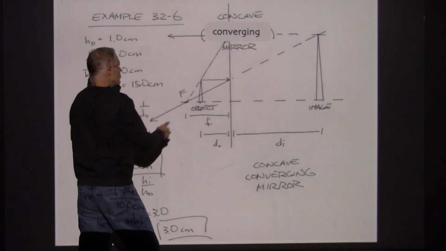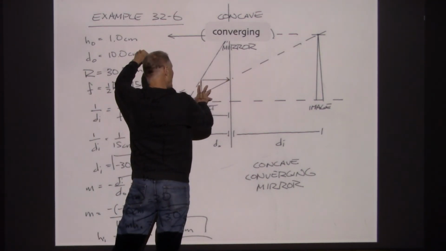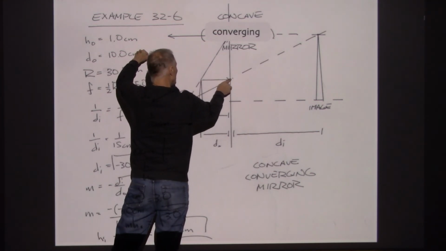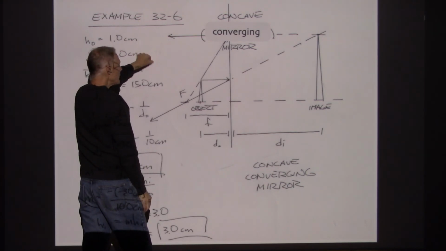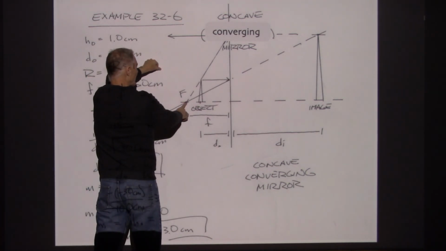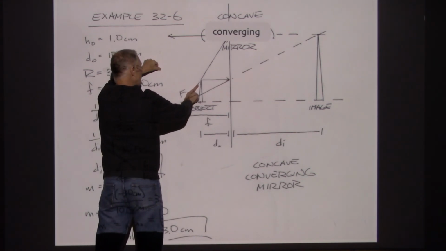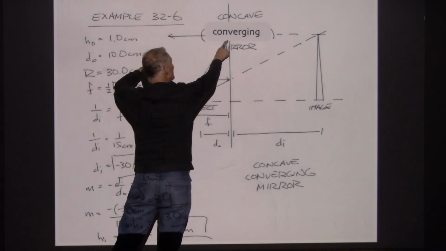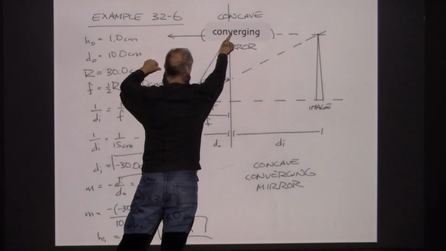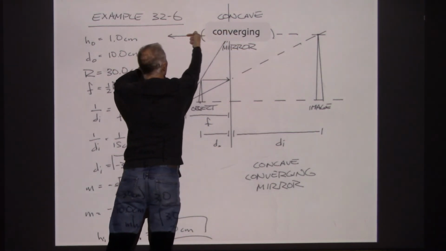So what I could do is the parallel in to the mirror. This is a real object. Parallel in, back through the focal point. That's one path. Then I'm going to use the focal point again, rather than the center of curvature. So I'm going to get a path that lines up with the focal point, comes in, strikes the mirror, and then comes out here.